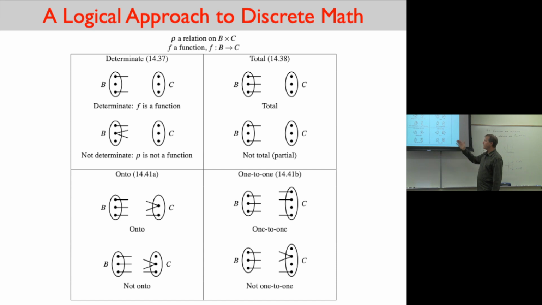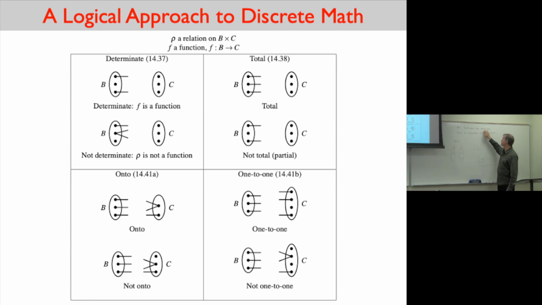Okay, so the word determinate is the definition of a function. A function f is a relation that is determinate. Do you see what I mean? All functions are relations. A function is a relation, but it has to be determinate. If it's not determinate, then it's not a function.